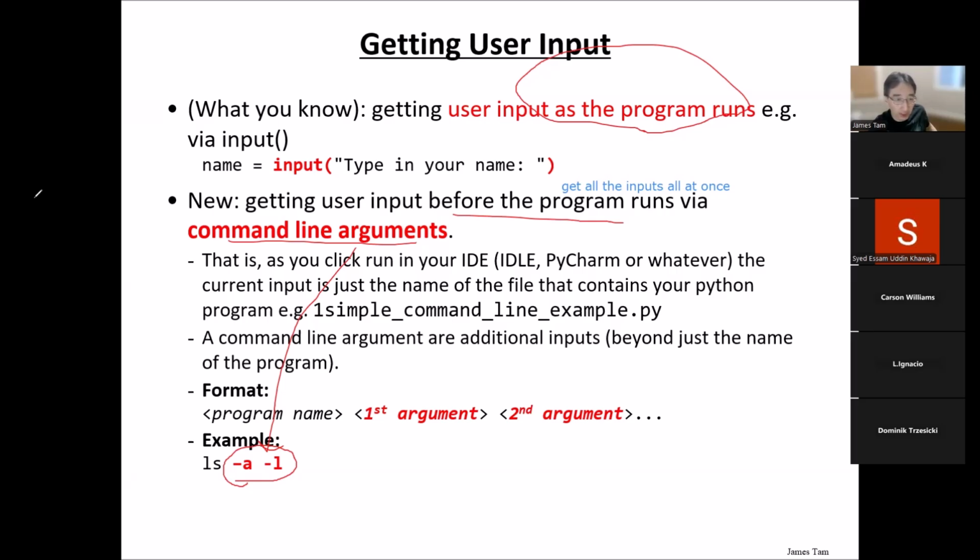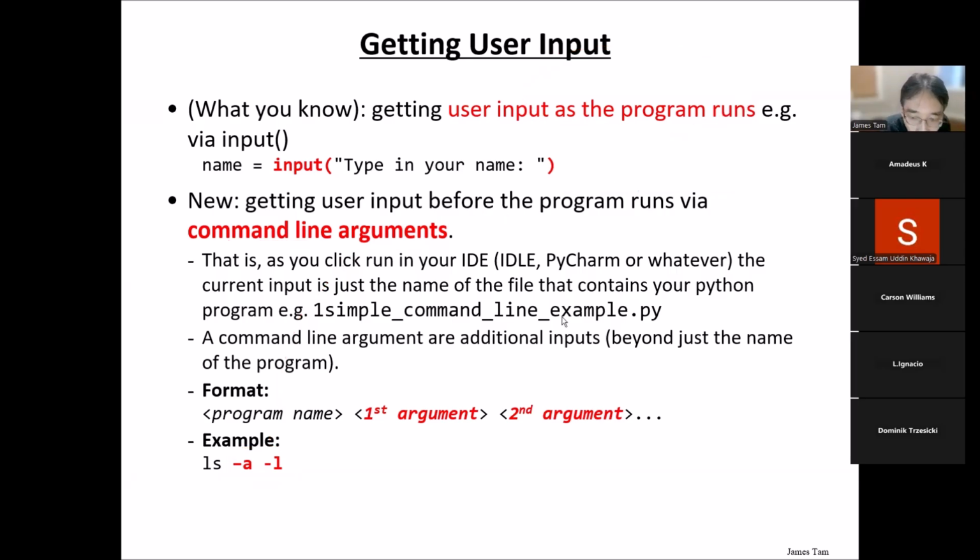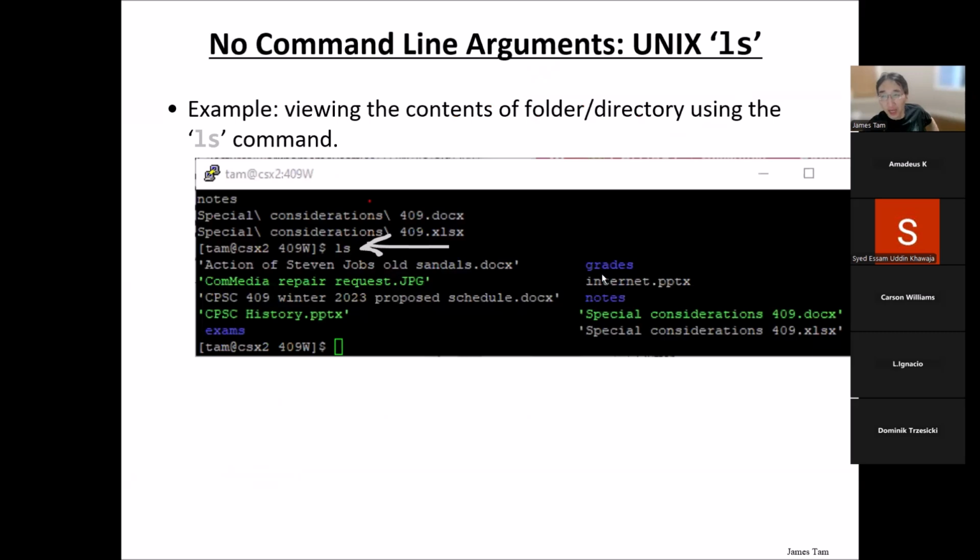Any questions about the basics of command line arguments at this point before I get into more details? Okay, fairly straightforward. The basics aren't overly complicated. In case you didn't learn this particular command line argument, ls shows the listing of the current working directory.